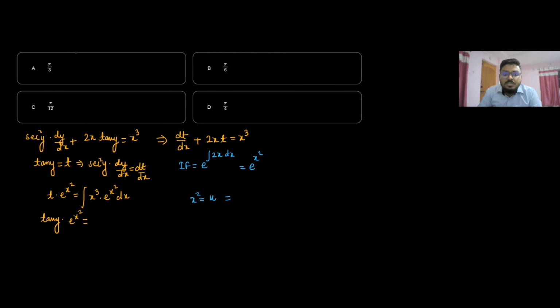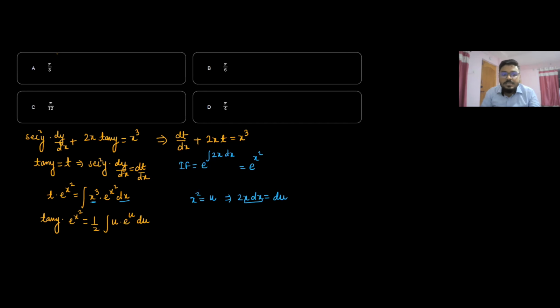So if x square is u, then 2x dx is du. Here we borrow one x from x cube, and that x combined with dx gives du by 2. So that is 1 by 2 du. And now the remaining is x square, which we assumed as u, into e power x square, which is e power u.